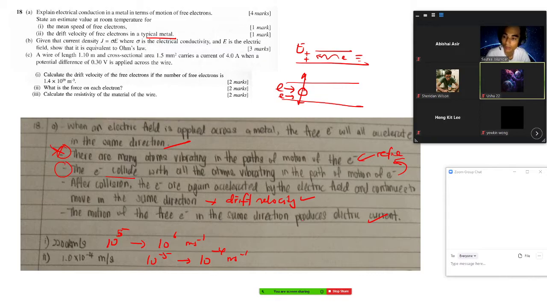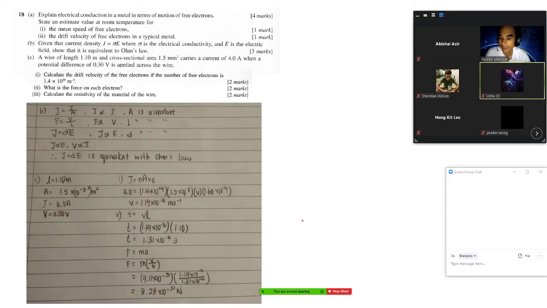Next, given the current density J equals sigma E, where sigma is electrical conductivity and E is electric field, show that this is equivalent to Ohm's law. So for 18b, it says that you're using J equals I over A and E equals V over L. This one is correct. Then you have J, A constant, L is constant, and sigma is constant.